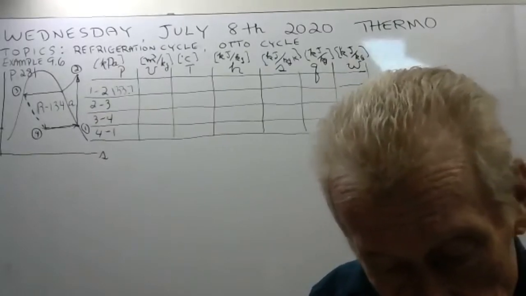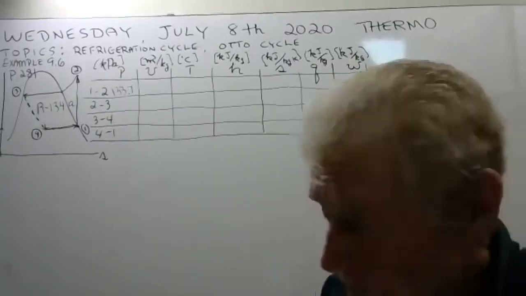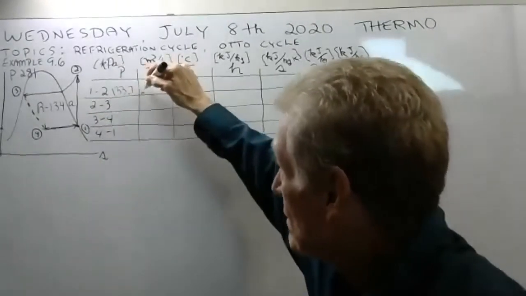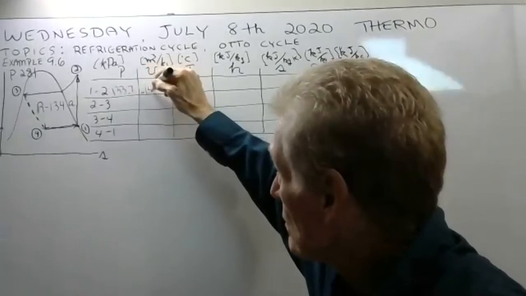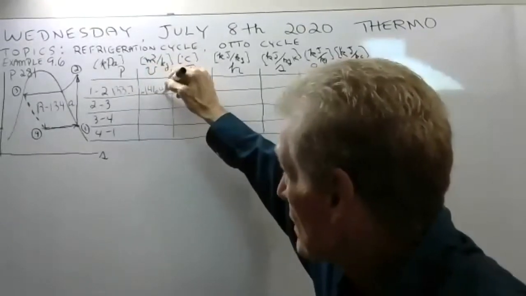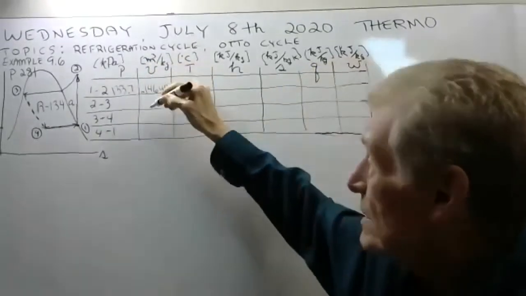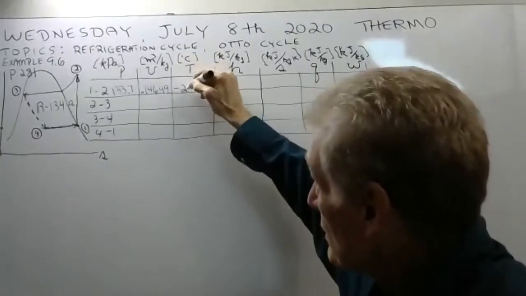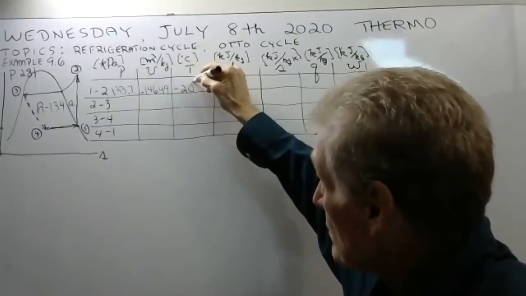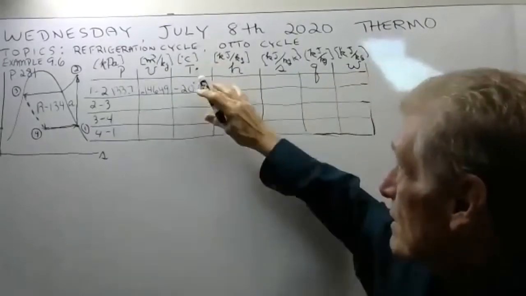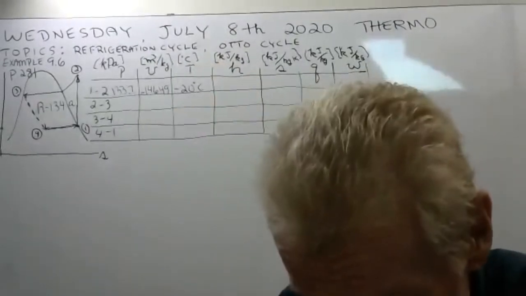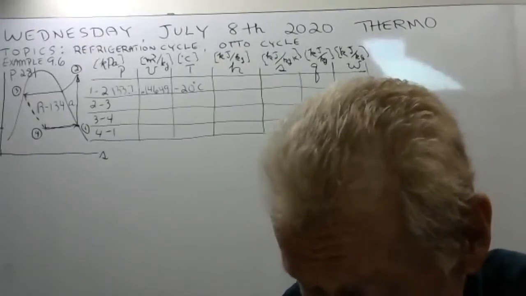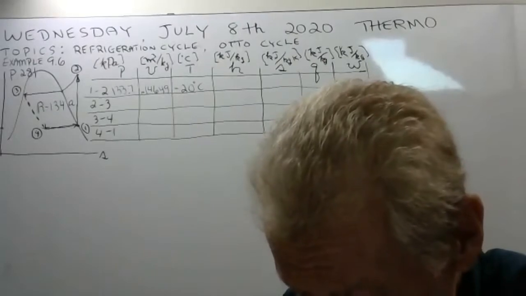Did I get that right? Yeah. 0.14649. See how easy this is? Temperature, we already know that. That's minus 20 degrees Celsius. Specific enthalpy, we'll just read it. It's 386.08.